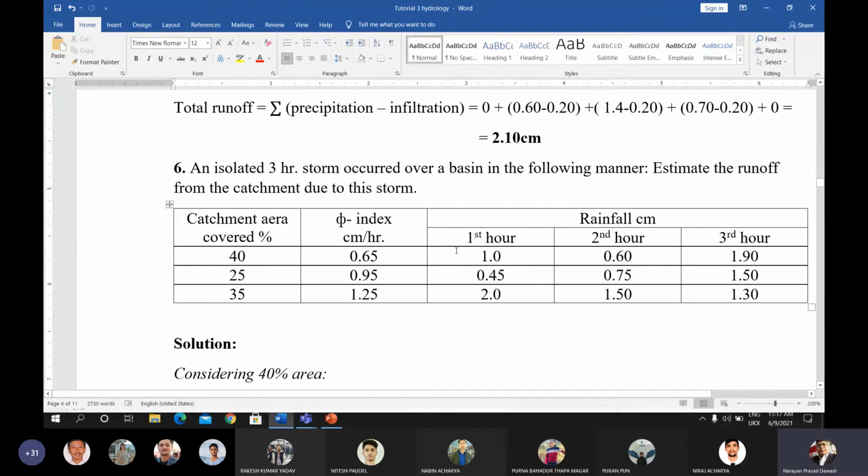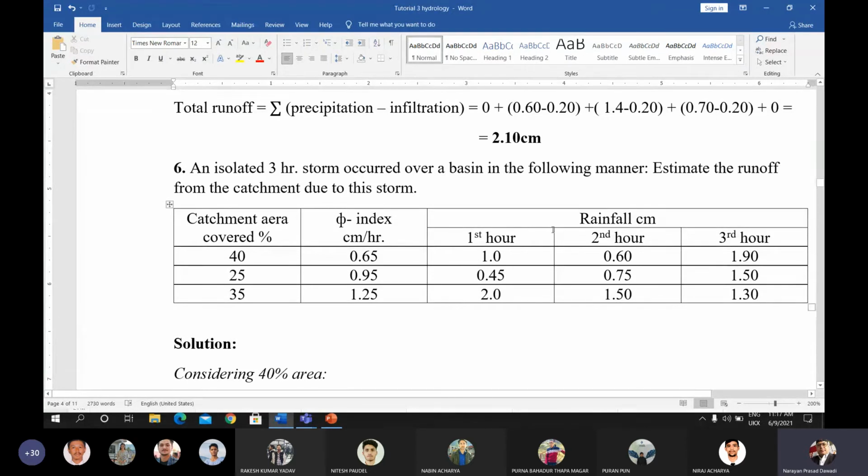Now look at the value of the phi index and the value of the intensity of rainfall. This value is given as depth divided by time. Time is 1 hour, that's why the value will be the same.